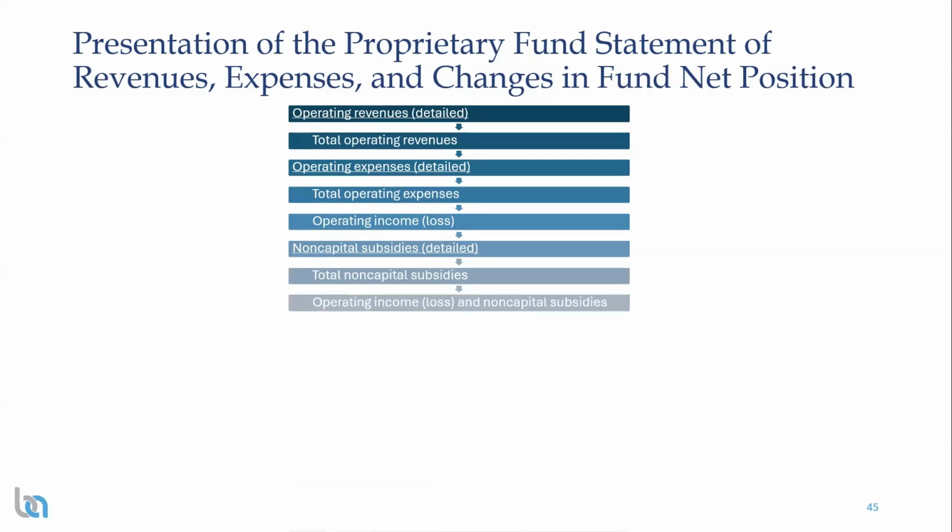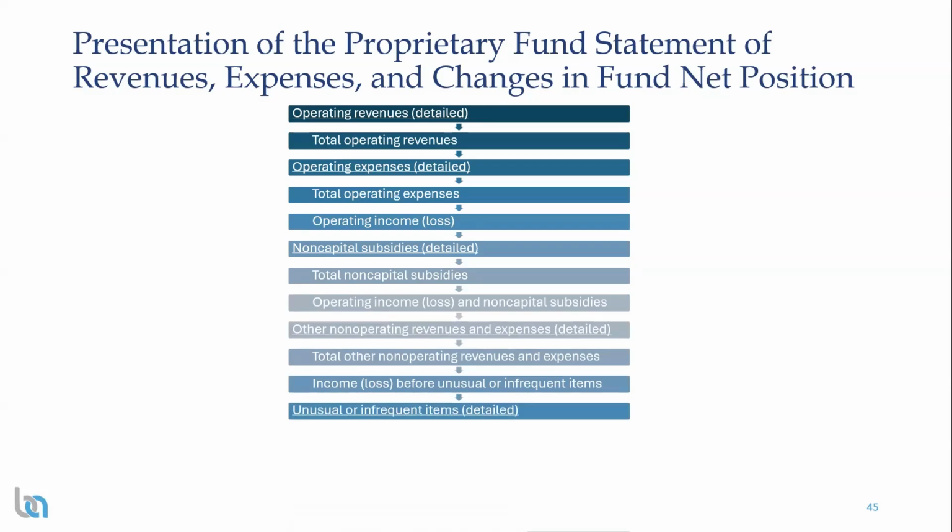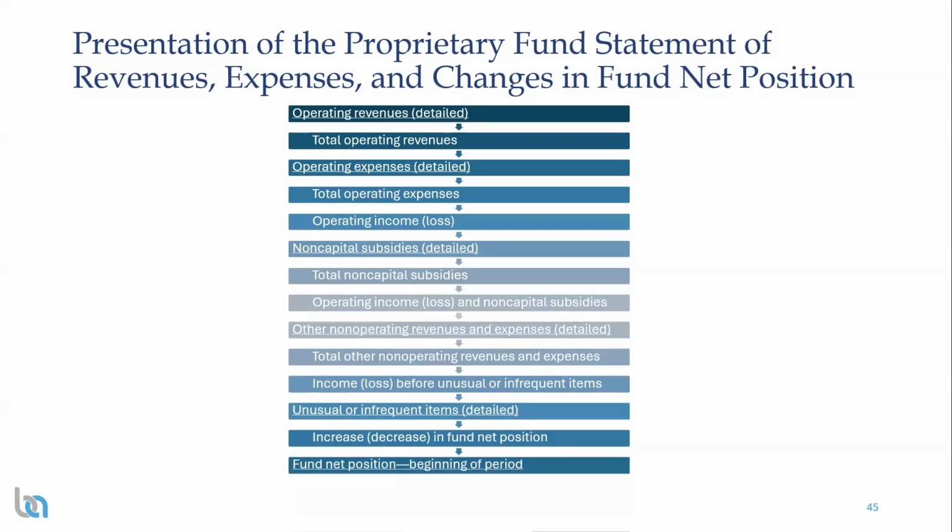Then operating income or loss and non-capital subsidies. And you have other non-operating revenues and expenses in detail, then the total other non-operating revenues and expenses. Then income or loss before unusual or infrequent items, then unusual and infrequent items. Then the increase or decrease in fund net position, fund net position at the beginning of the period, and then fund net position at the end of the period.